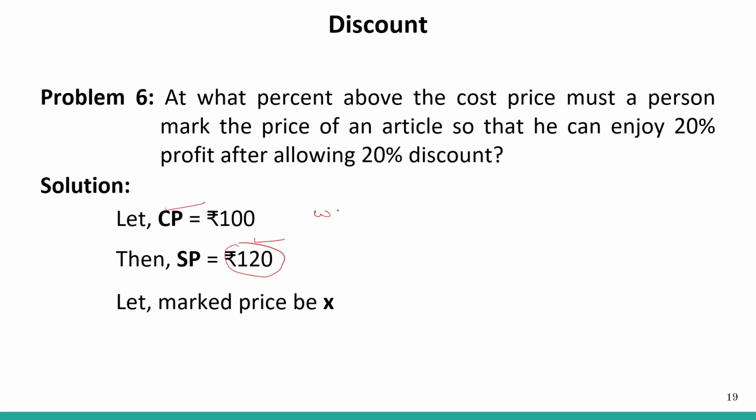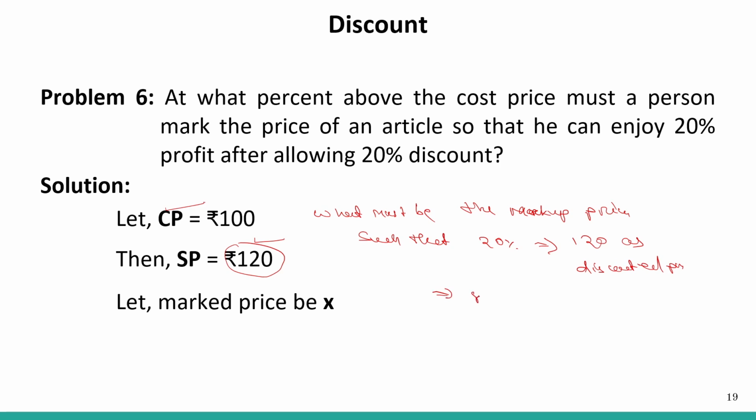Okay. So what must be the markup price such that a 20% discount implies 120 as the discounted price?